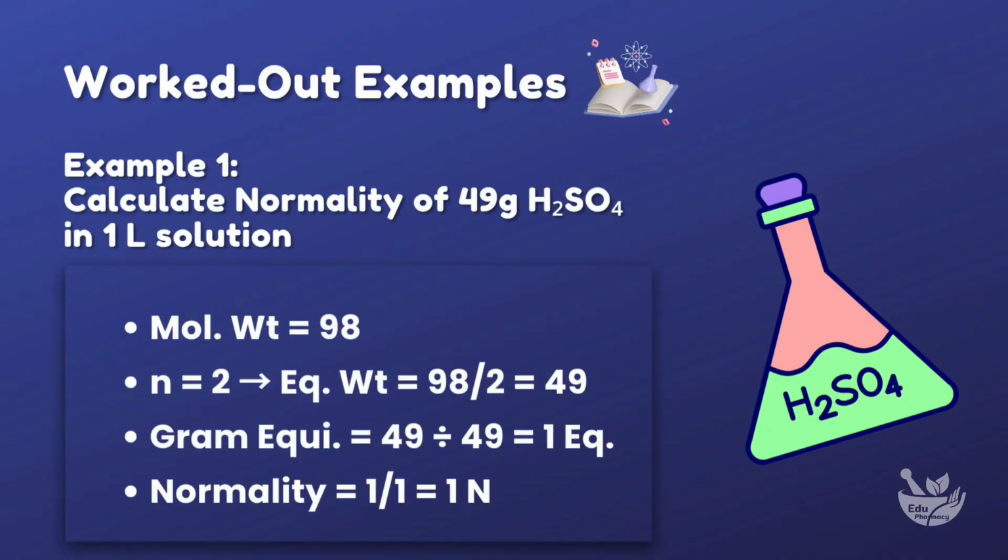It has 2 replaceable hydrogens, so the equivalent weight is 98 divided by 2, which equals 49. Gram equivalents equal 49 divided by 49, which is 1. Now, normality equals gram equivalents divided by volume, that is 1 divided by 1, which equals 1 normal solution.